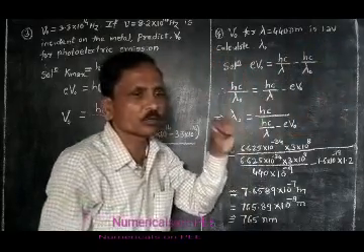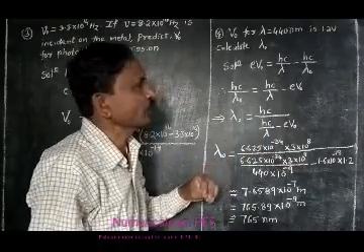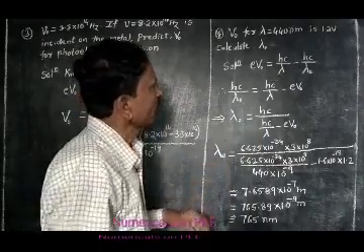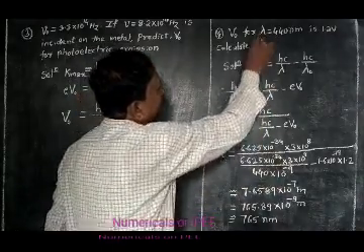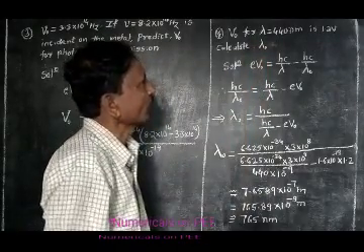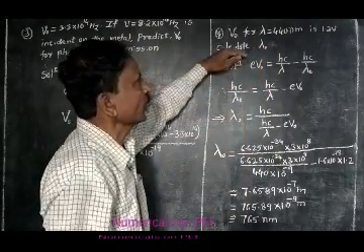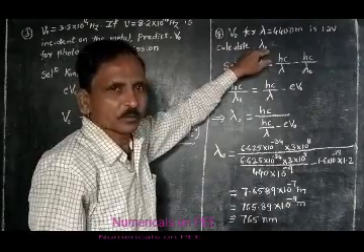It is the cutoff potential for photocell for a light of wavelength 440 nanometer, and you are asked to calculate threshold wavelength.